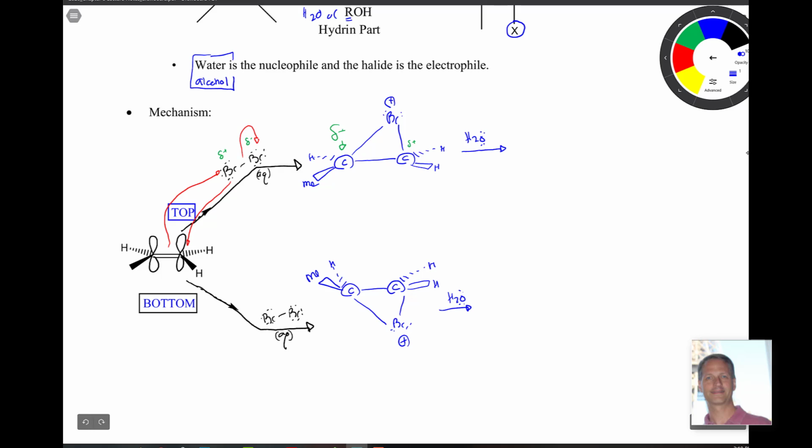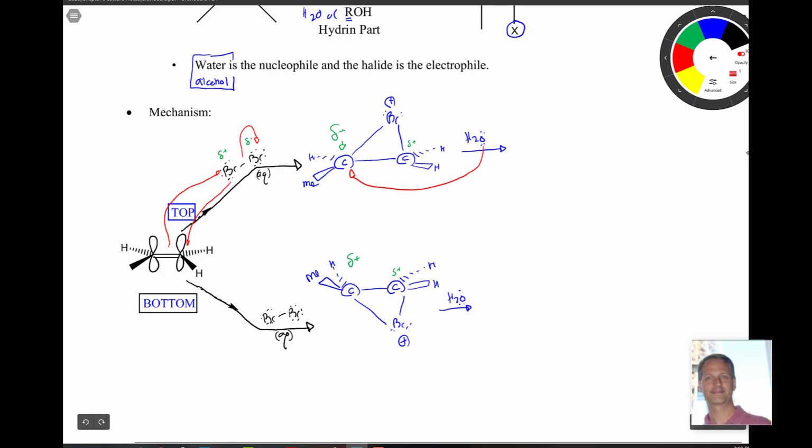And it's still going to attack the same place where the bromide would attack, right? So at the carbon that has a bigger delta plus, except now it's going to look like an SN1 reaction. So attack, lose an H. So really this reaction, even though it's new, is just the combination of two older reactions essentially.